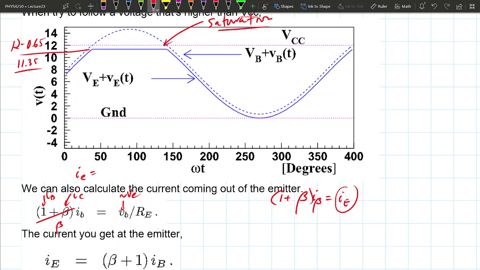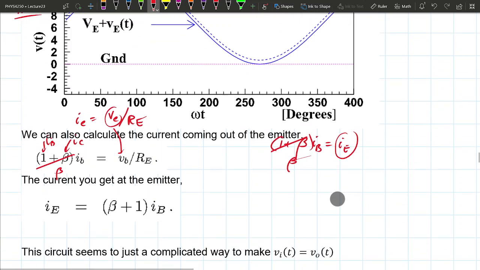The current at the emitter is equal to the voltage at the emitter divided by RE. I'm replacing the time-dependent part of the emitter voltage with the base voltage. That's all I'm doing on the right-hand side. IE, I'm replacing with beta times IB, not I beta.